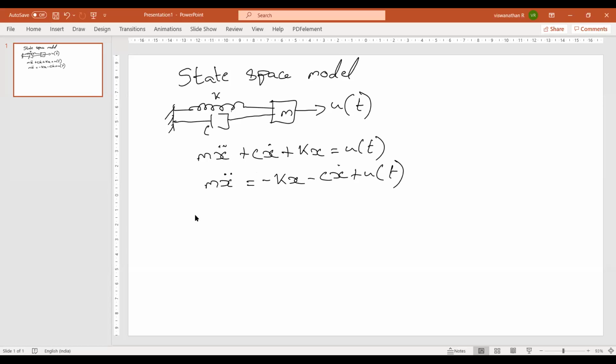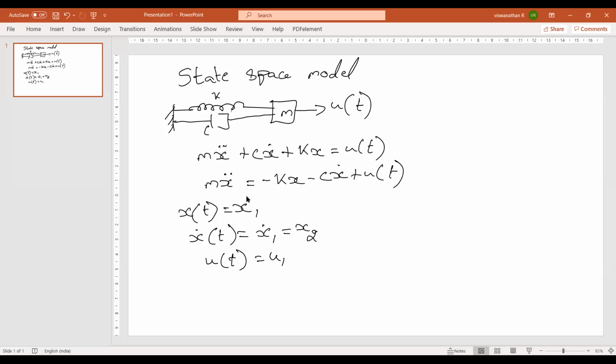Here we write x of t equal to x1, and x dot of t is equal to x1 dot, because if x of t is equal to x1, then x dot of t will be equal to x1 dot. We write this as x2, and this u of t we take as u1.